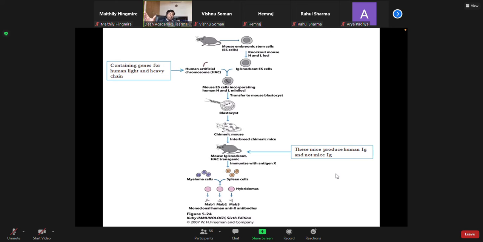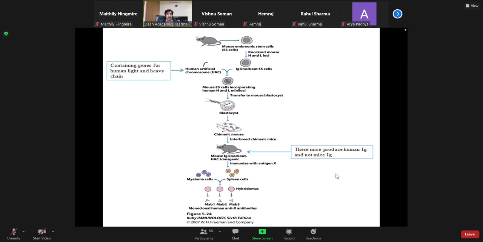Now, you can ask why can't we actually collect some PBMCs and fuse them with these cancer cells and then try to select those specific antibody producing cells? You can do that, and people actually have done it, right? But the cells that you get from PBMCs are very limited, particularly those cells of a particular antigen specificity.